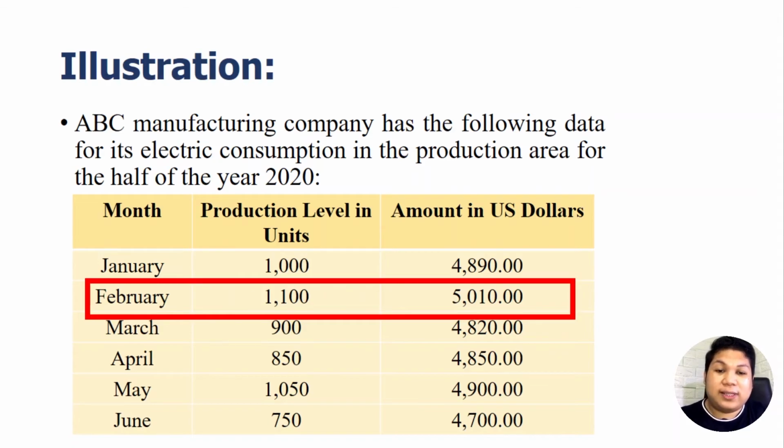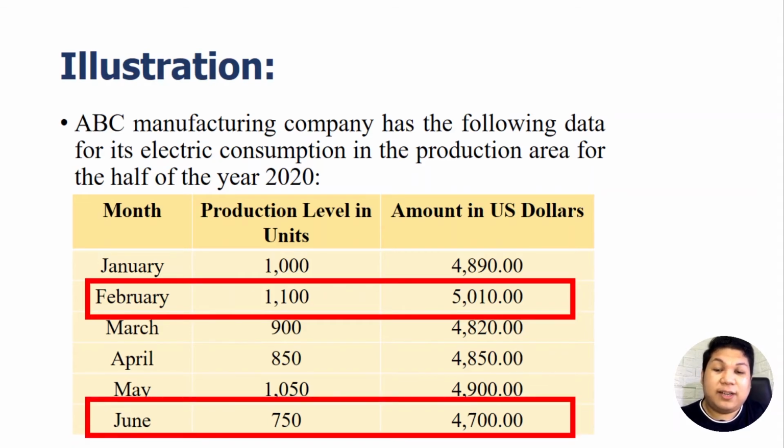And our lowest value is for the month of June, when the production level is at 750 and the amount of cost is 4,700. So we're going to use these figures in computing our slope and the y-intercept. We're not going to draw a graph. We'll just directly compute the slope.